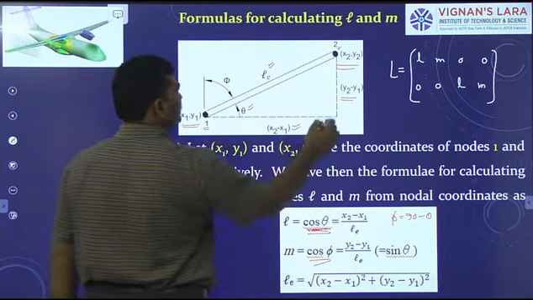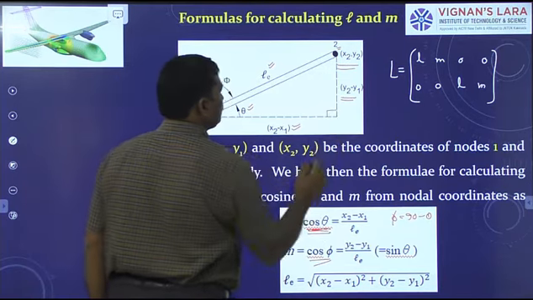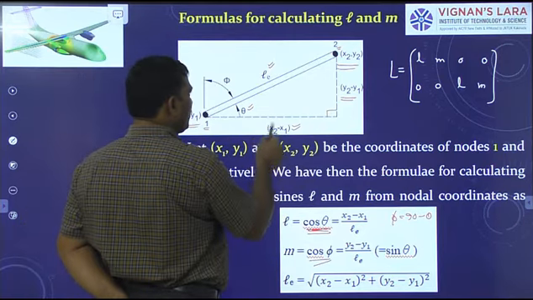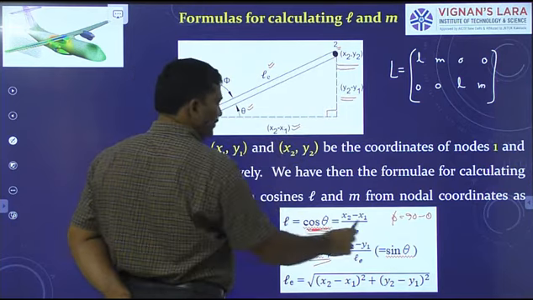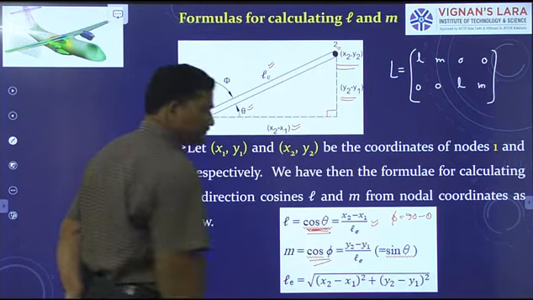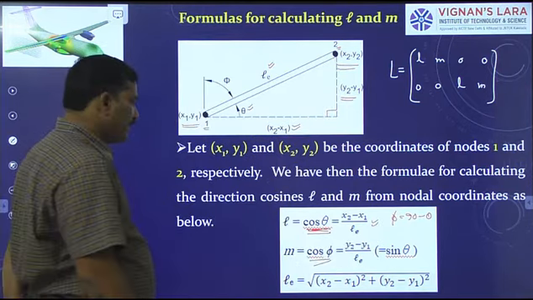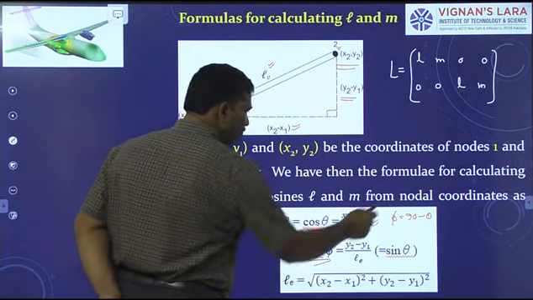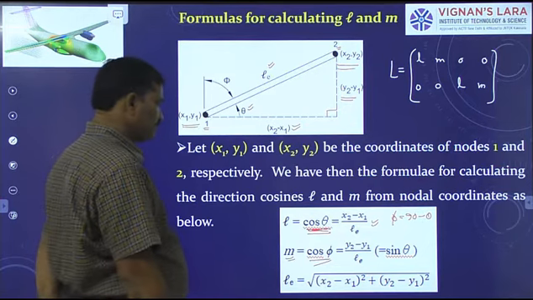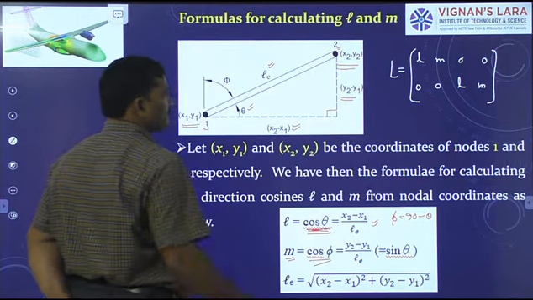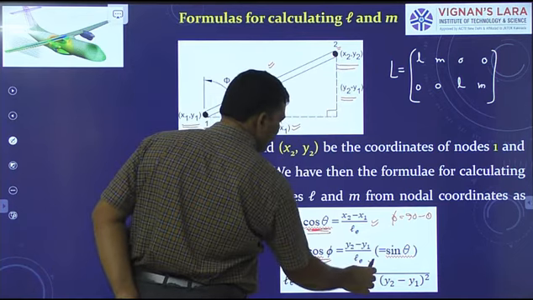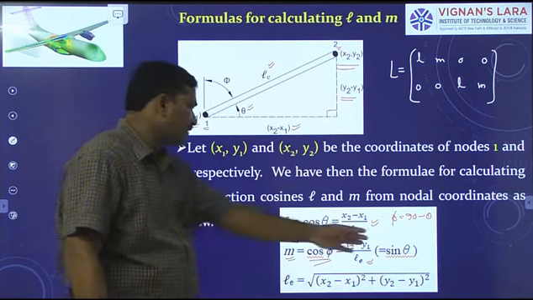If you observe, this is a right angle triangle. Hence, cos theta equals x2 minus x1 divided by the length of the element. Next, direction cosine m. m equals cos phi, phi equals 90 minus theta, which equals y2 minus y1 divided by the length of the element. Cos phi equals sin theta.